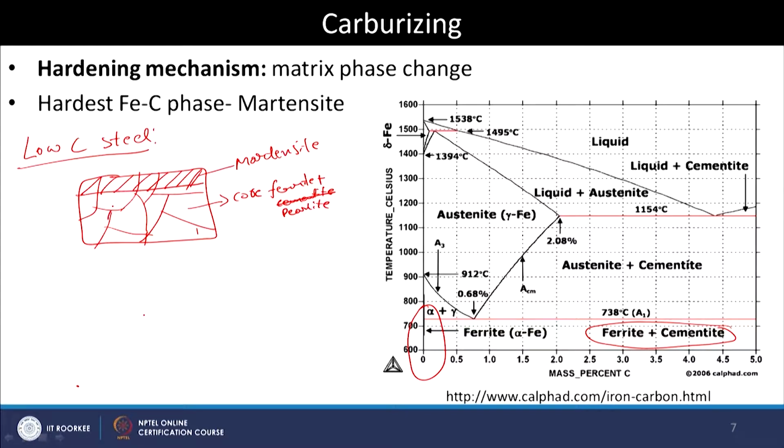This is the kind of situation we want after the carburization treatment.